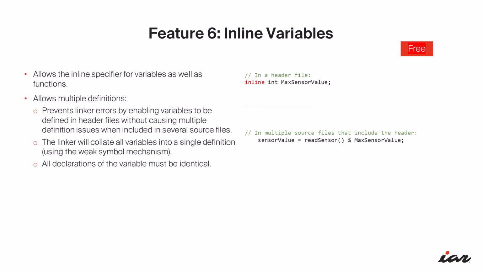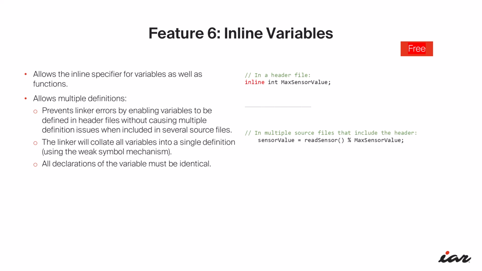And you can place the inline int max sensor value as done in this example in the header file, and then you can include it from all the C files. And the linker will then collate all variables into a single definition using the weak symbol mechanism available in all modern linkers. So this is a very convenient function.